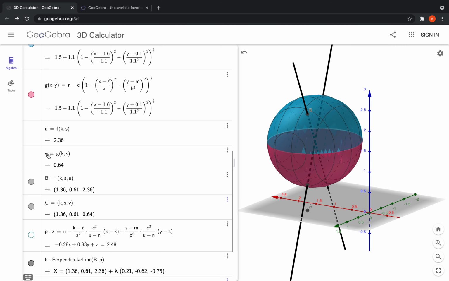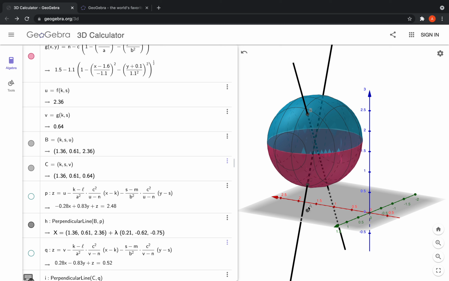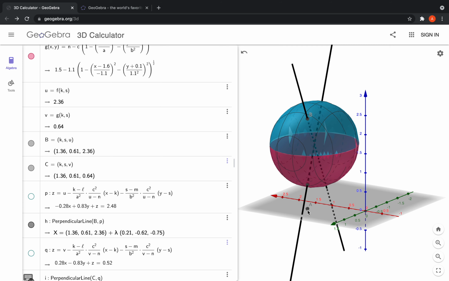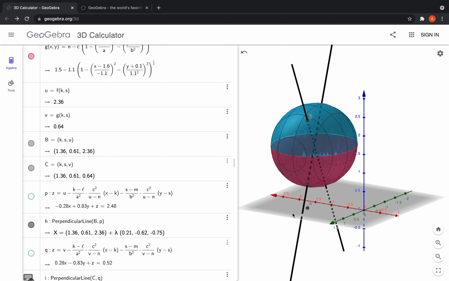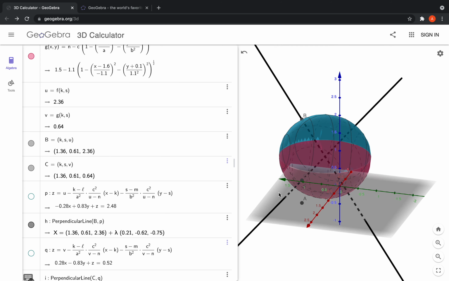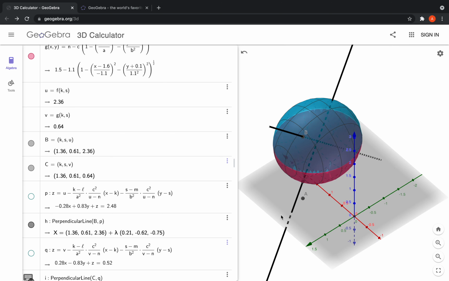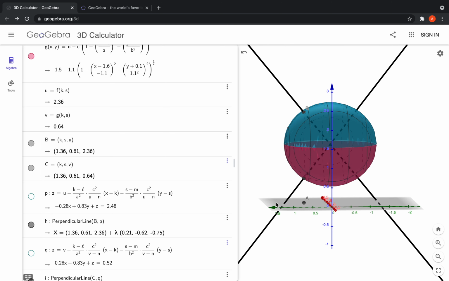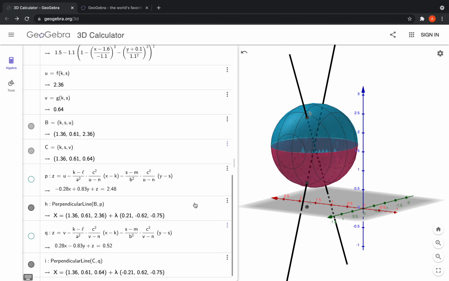So u and v represent the z coordinates, and if we apply them to the A point, we get B and C points, which are like the A point. I mean, the x and y coordinates are the same. The difference is we assign z coordinates for each of them, and they are both on this shape.